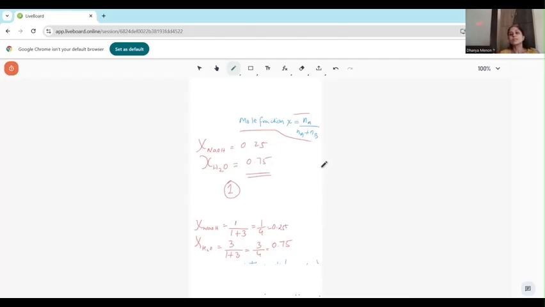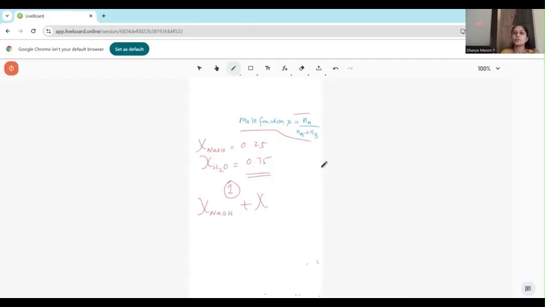So students, whenever you're finding out the mole fraction of different components, the sum should be equal to 1. As in this case, the sum of mole fraction of NaOH and water is equal to 1.